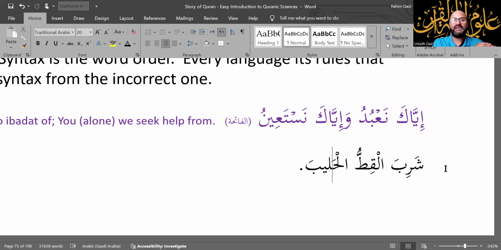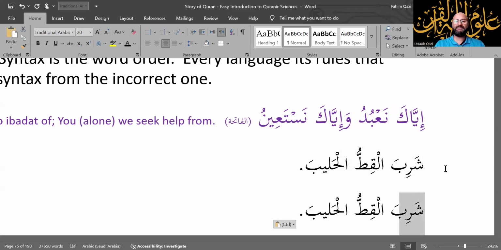Whereas in Arabic, it gives you more flexibility, more freedom to play with the syntax to create different rhetorical effects. Now, can you say al-qittu shariba al-haliba? Sure, you can say that. But if you do that, you have changed the syntax to a different valid syntax, and that creates a rhetorical effect in the mind of the listener.